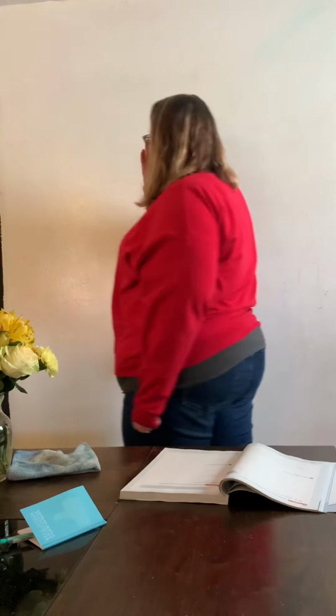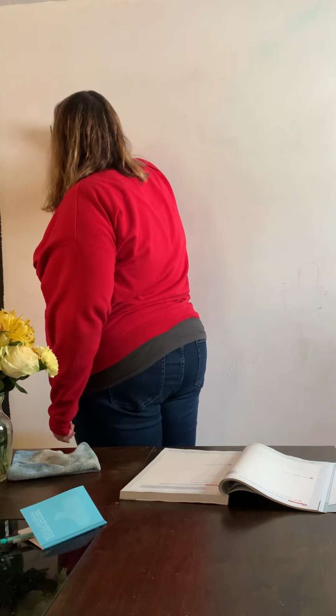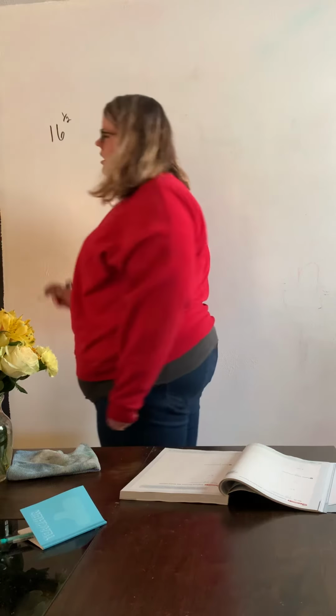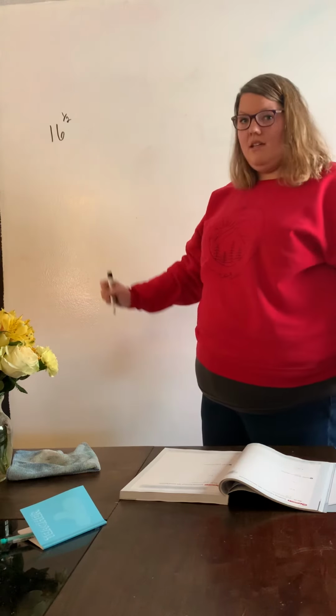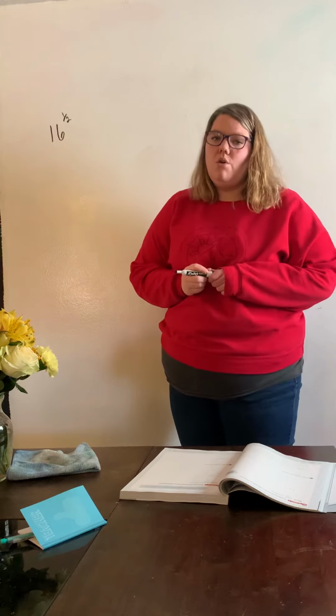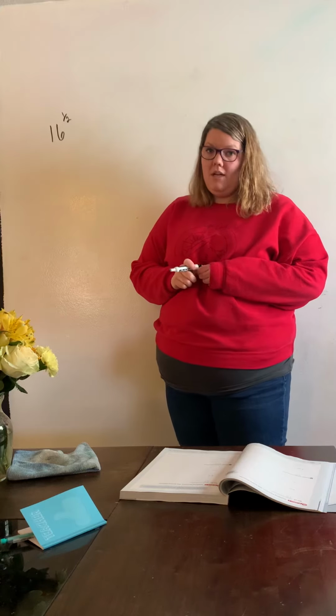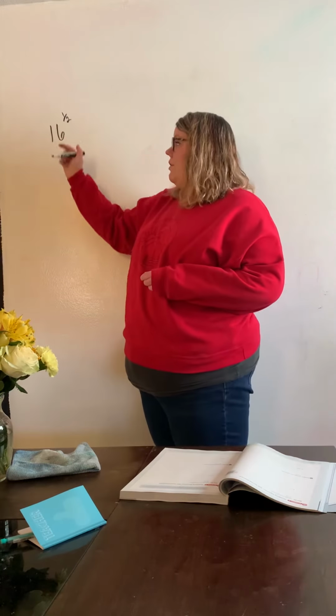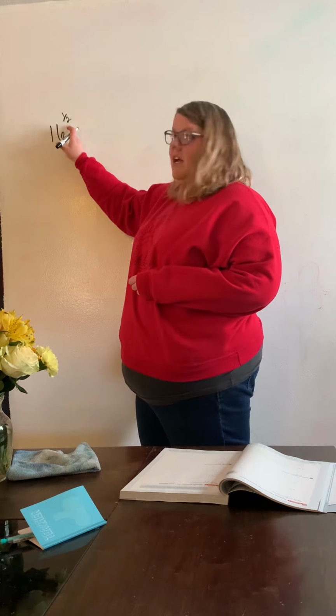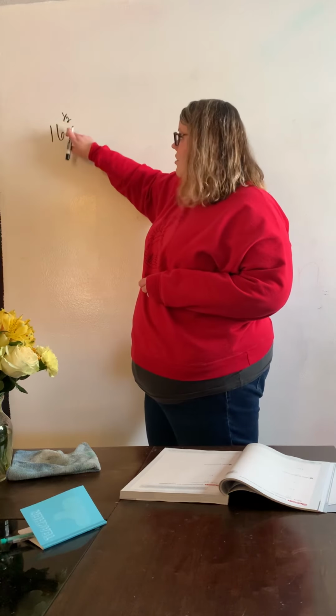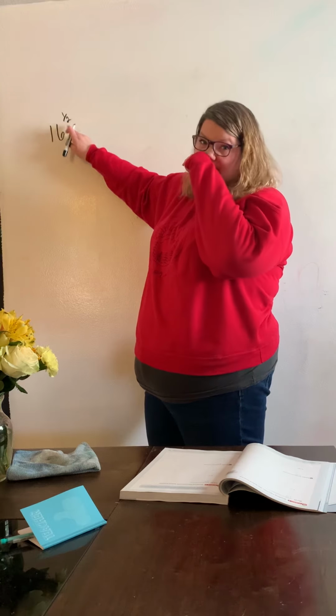So let's just take a look at what this means using numbers. If I give you a number where the exponent is a fraction, what this means is that we're going to set up a radical. We're going to have another square root problem. What this is asking for is how many groups of 16, or what number times itself twice is 16.